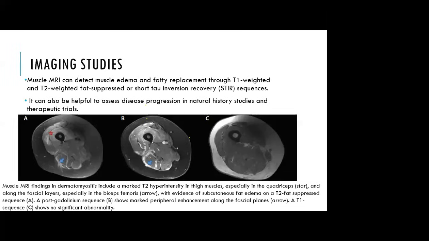The star is the quadriceps and the arrow shows the biceps. The last one shows no significant abnormalities. This is a normal image.